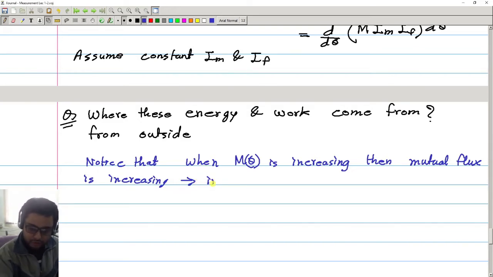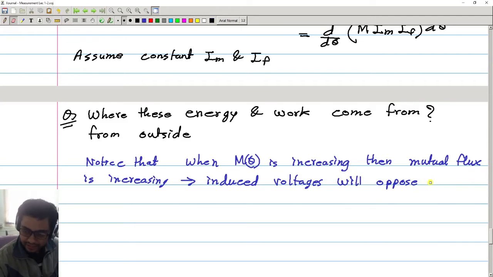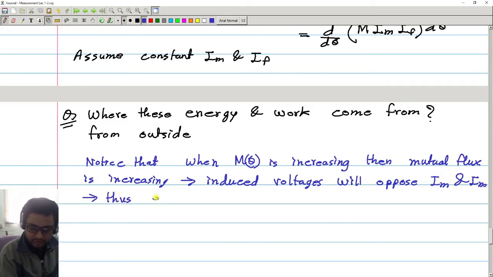So the induced voltage, according to Lenz's law, induced voltages in two sets of coil will oppose currents Im and If, and thus the external source will have to do some work.